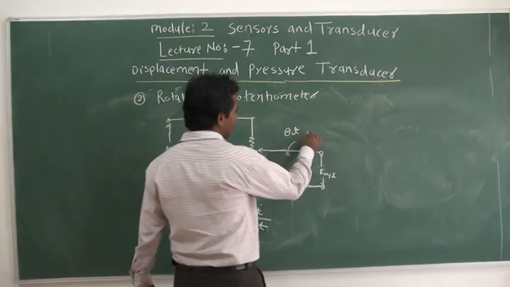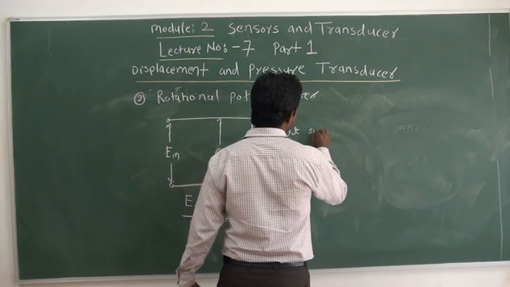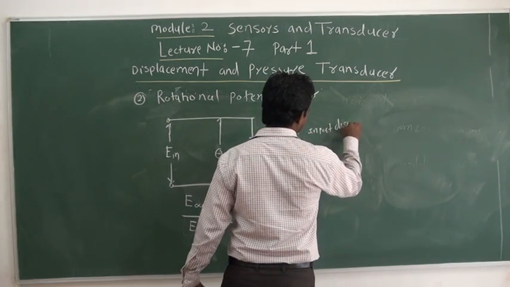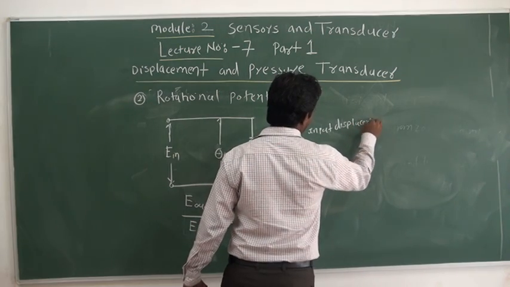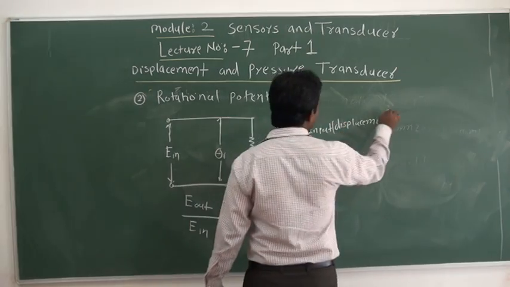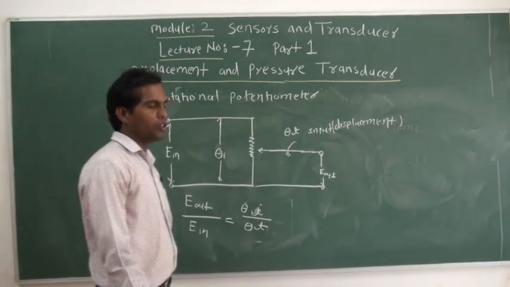So here the input is a displacement, and the output is voltage.